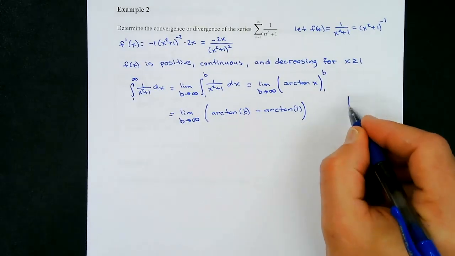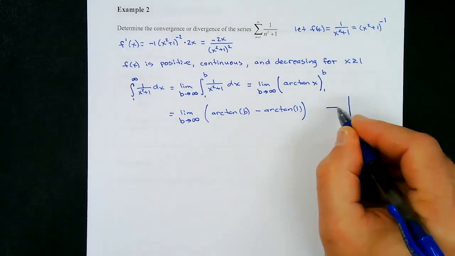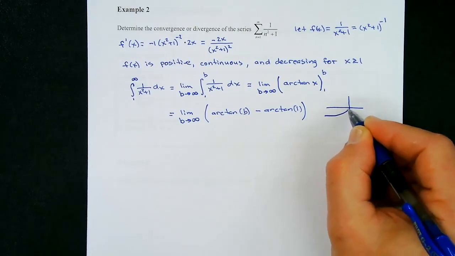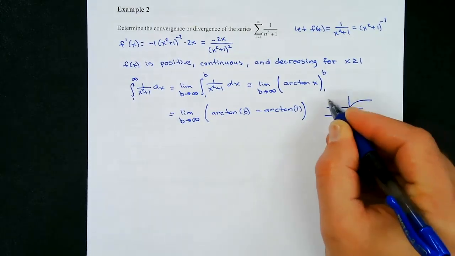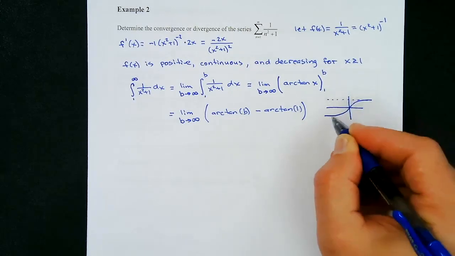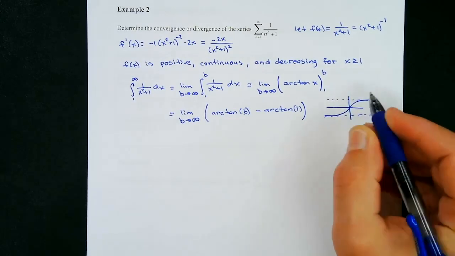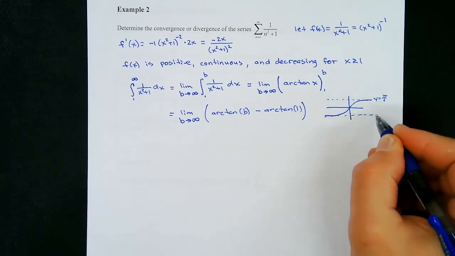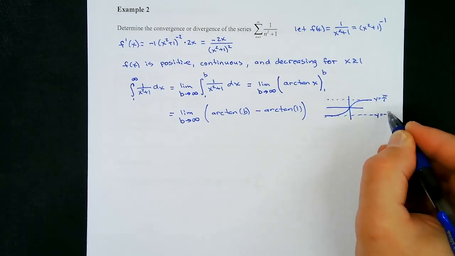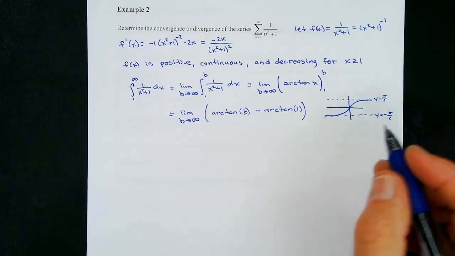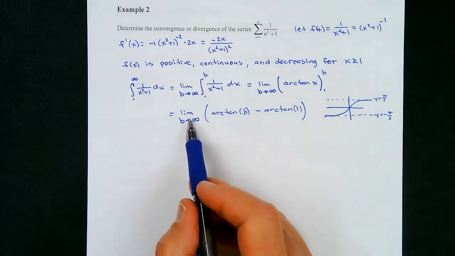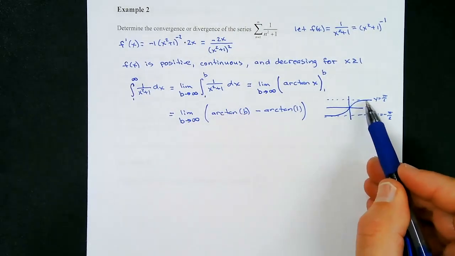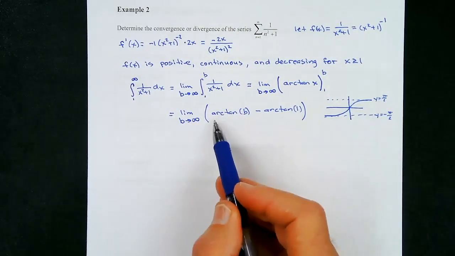The graph of arctan has two horizontal asymptotes, okay? It comes up like this, it comes like this. And here's a horizontal asymptote, and here's a horizontal asymptote. This one is at y equals pi over 2, and this one's at y equals negative pi over 2. So that means that as b approaches infinity, arctan is going to get closer and closer and closer to pi over 2.